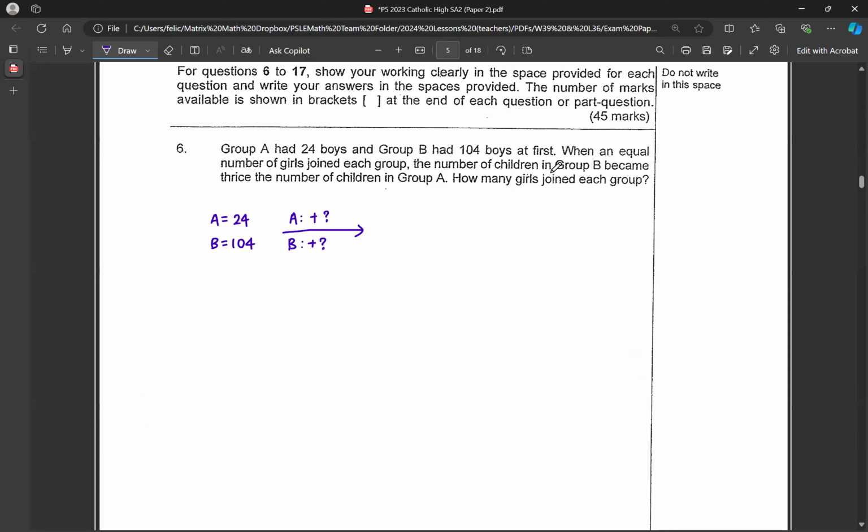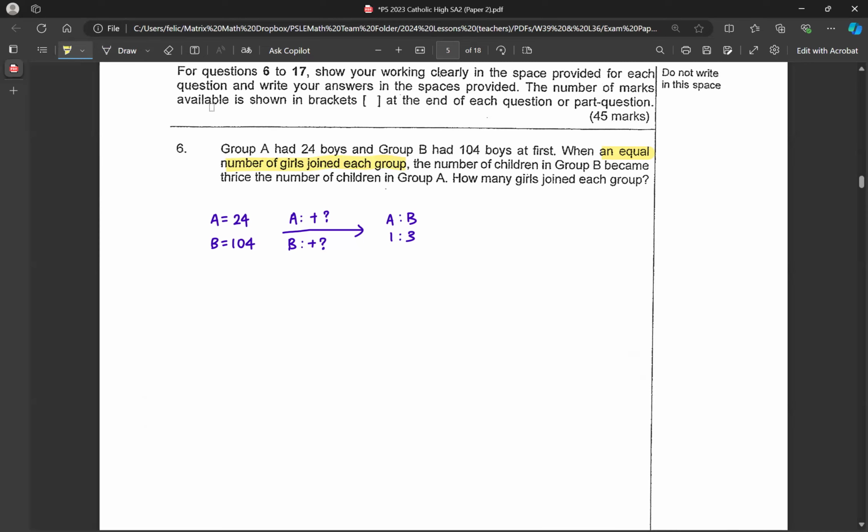Now at the end, the number of children in group B became thrice of group A. So this thrice, you can write down an A to B ratio. So B is thrice of A means this is 1 unit, this is 3 units. Okay, now from here, just ask yourself what stays the same throughout. So how do I know? This is a clue. Equal number of girls join each group.